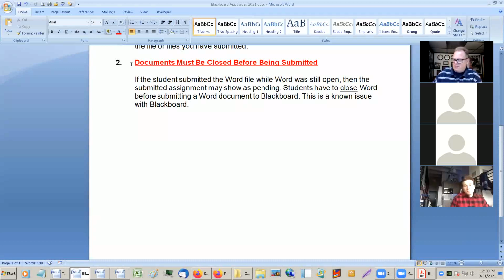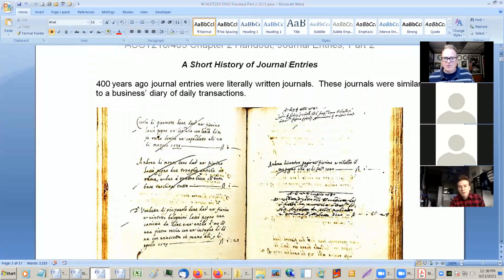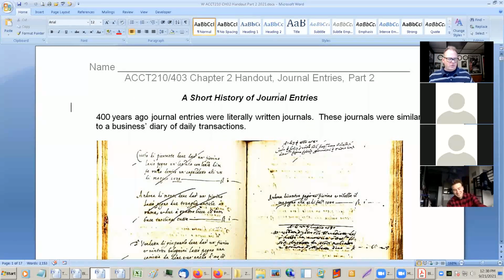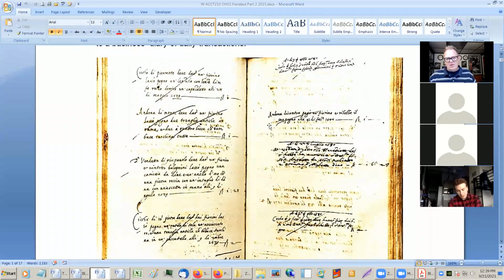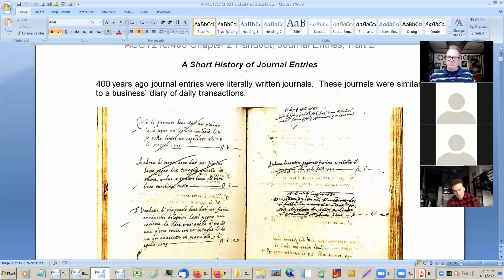Okay. Well, let's jump into the headaches that are not associated with Blackboard, but the headaches that are with accounting. All right, so this is a chapter 2 handout, and we're going to continue on. Journal entries used to be regular journal entries you'd write out.